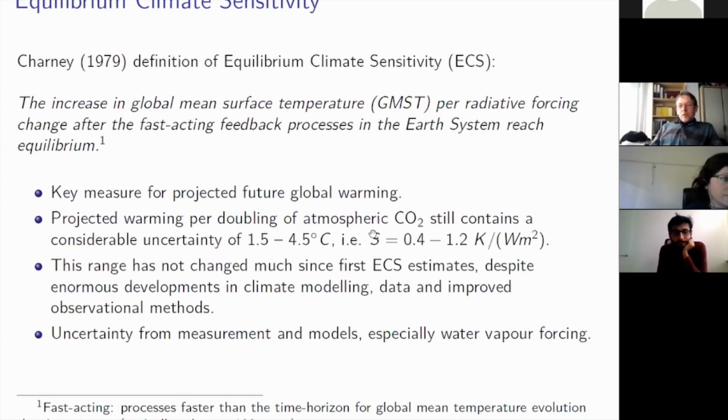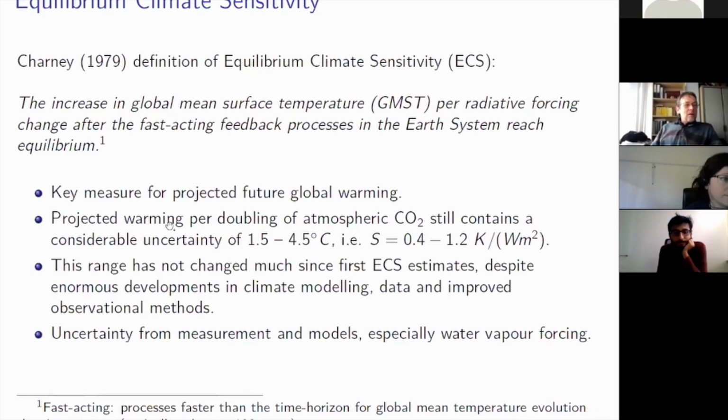So equilibrium climate sensitivity is probably the most important quantity that climate modelers are trying to characterize, to understand how global changes in climate occur in response to CO2 forcing.